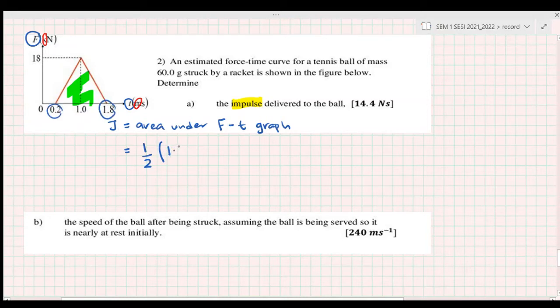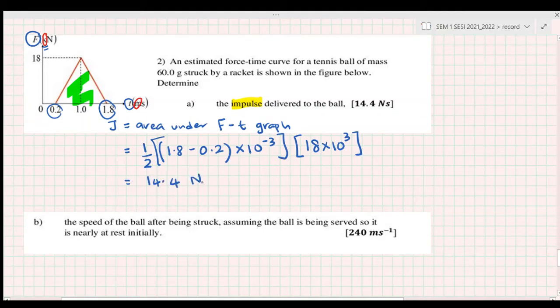Okay, so 1.8 minus 0.2, which is milli, darab 10 kuasa negatif 3, times dengan tinggi ni kita ada 18. Okay, 18, make sure di sini kilo, so 18 darab 10 power of 3. Okay, kilo darab 10 kuasa 3. Alright, so kita akan dapat the answer is 14.4 Newton second. Alright, ini adalah nilai impulse.